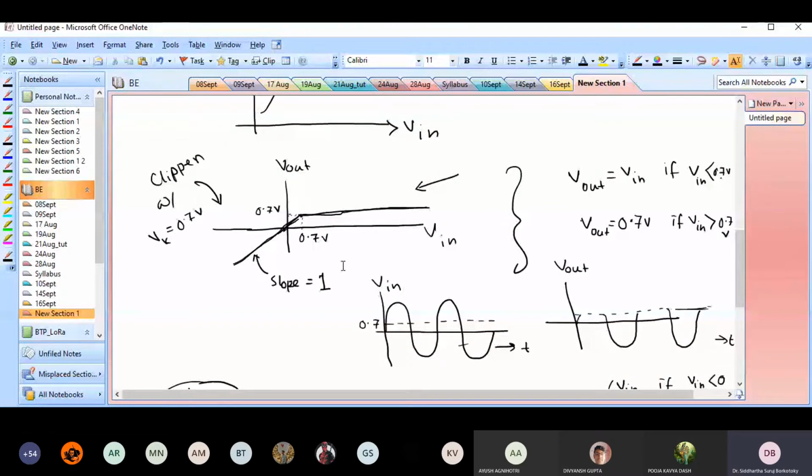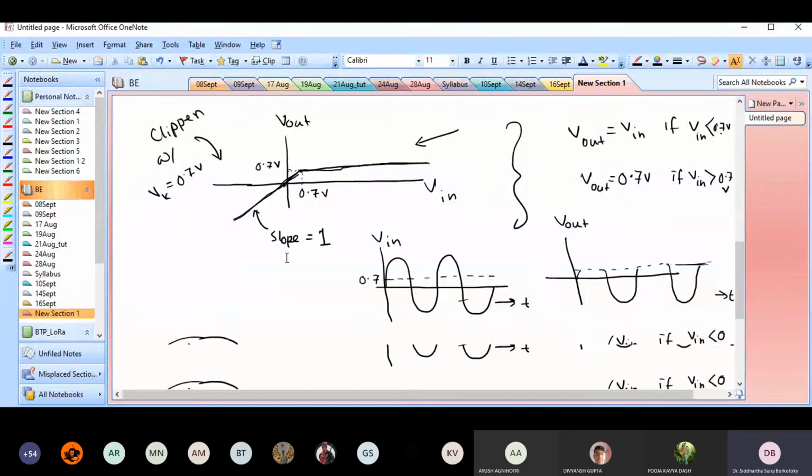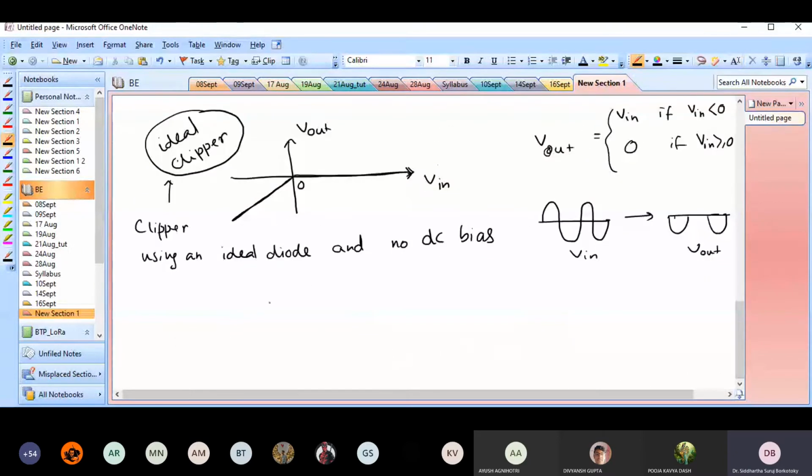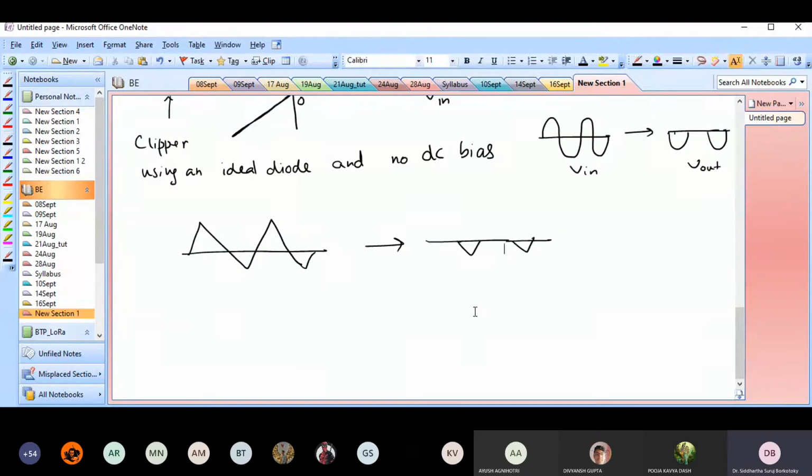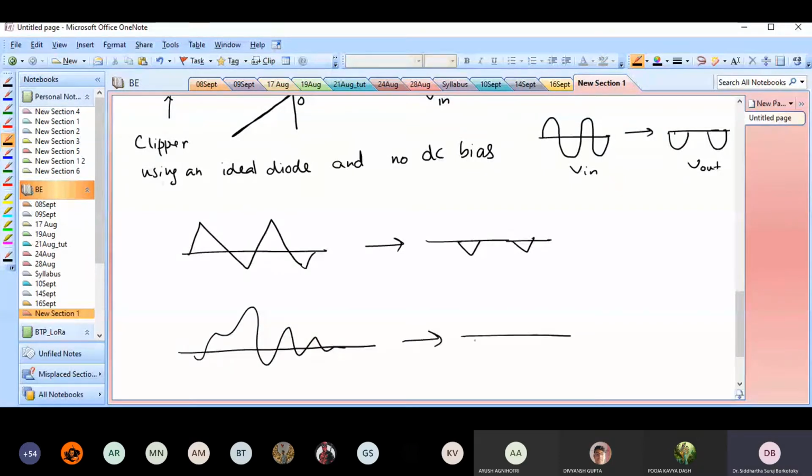So all I need to specify for this particular circuit is this transfer characteristic. From the transfer characteristic, I already know that for this specific ideal situation, if my input is like this, then my output would be just these lower clips. If my input is something like this, then my output again would be just wherever this went off.